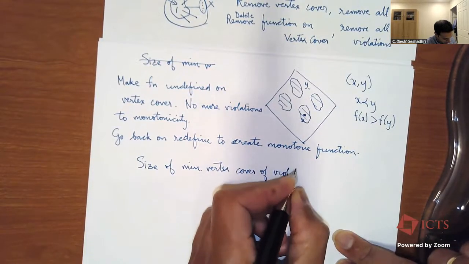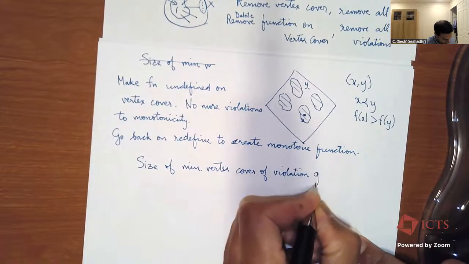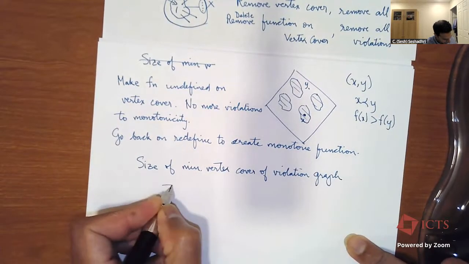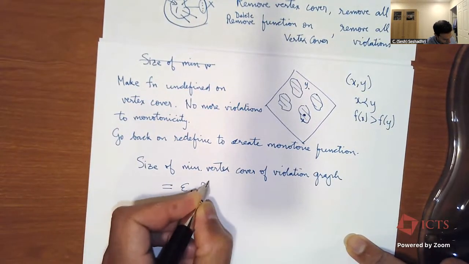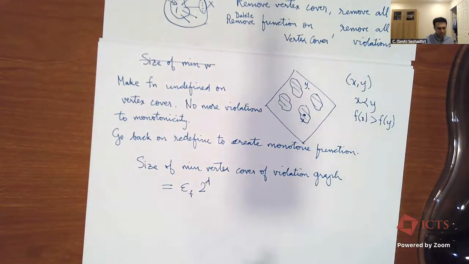Okay. So going back to this, the size of the min vertex cover of the violation graph is actually equal to epsilon f times 2 to the d. It's exactly the distance to monotonicity. You can argue that any time you change, you have to change a vertex cover.